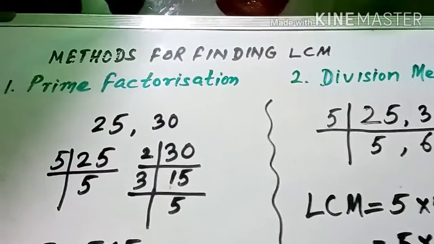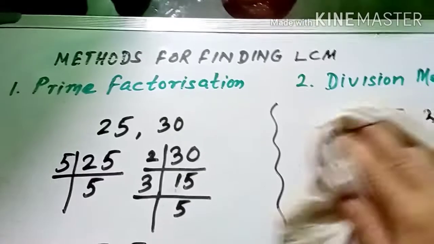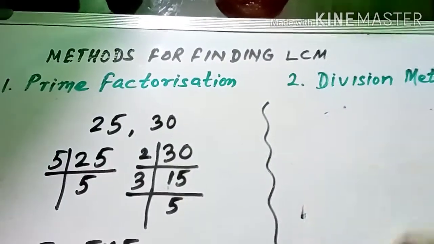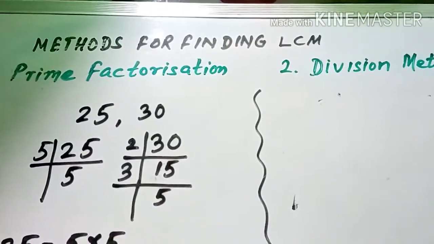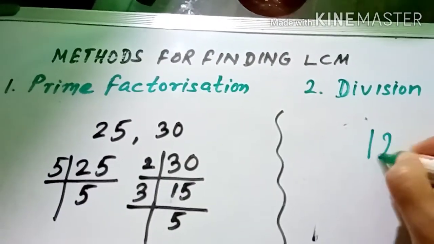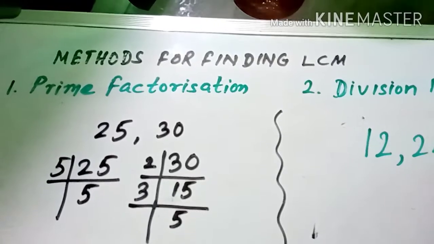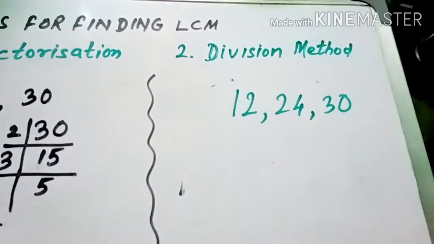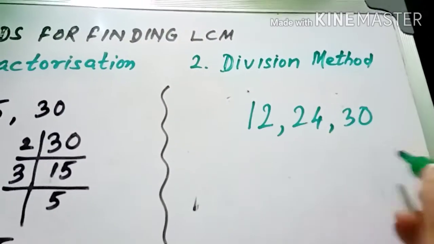See some more examples. For the division method you will have doubts. Say we have 12, 24 and 30. These are the given numbers. They ask you to find the LCM by the division method.